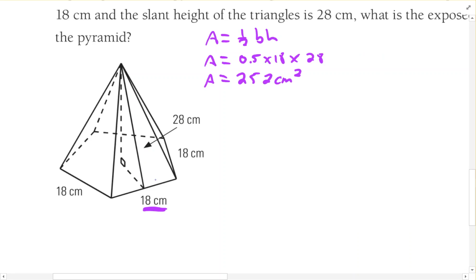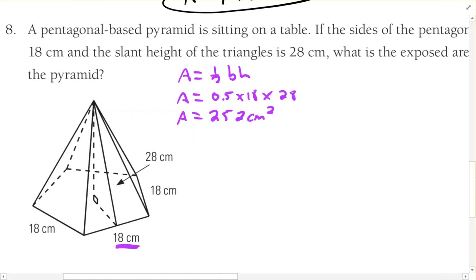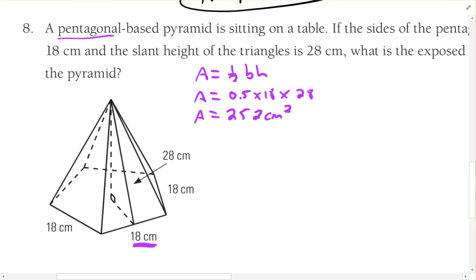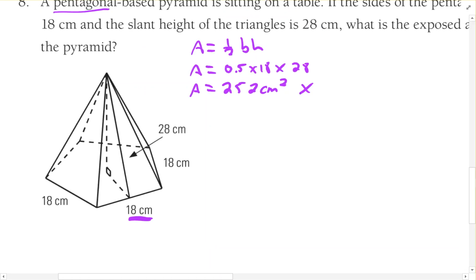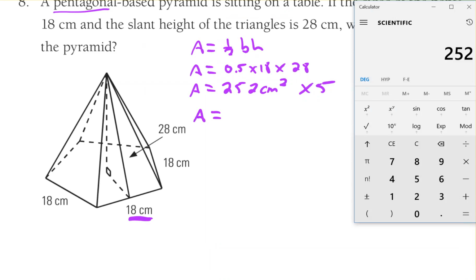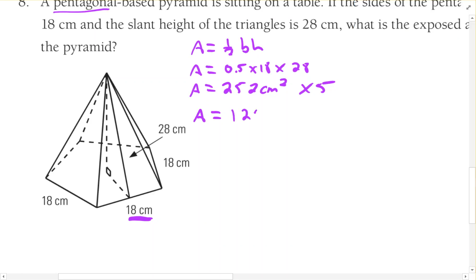How many are there? Well, there's 5, right? If you counted all those triangles around the outside, it's a pentagon, which has 5 sides. So it's just that, and then just times 5. So the area of all those faces together would just be that times 5. So 1,260. Okay, so that's the first part.